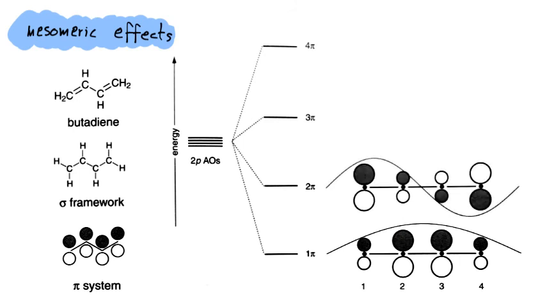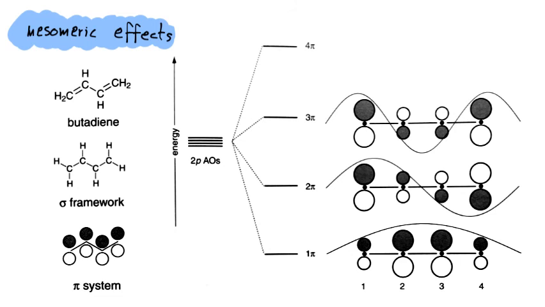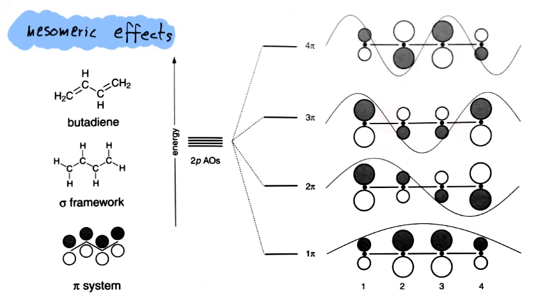The 2 pi orbital, on the other hand, has also constructive interference on the 2 halves, but in the middle there is destructive interference, and this causes there to be a nodal plane in the molecule, and that increases the energy a little bit. For the 3 pi, there are 2 nodal planes, so more destructive interference, and for the 4 pi, even 3 nodal planes, and that causes there to be higher energies.